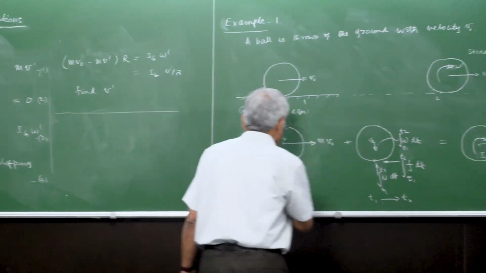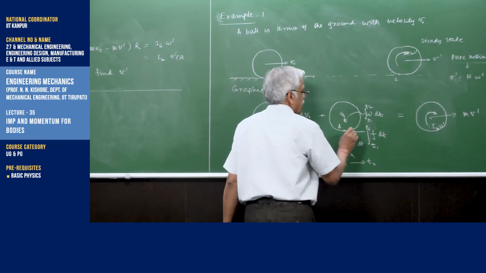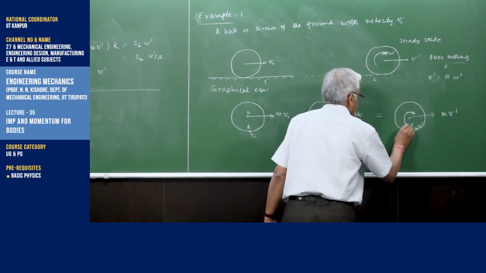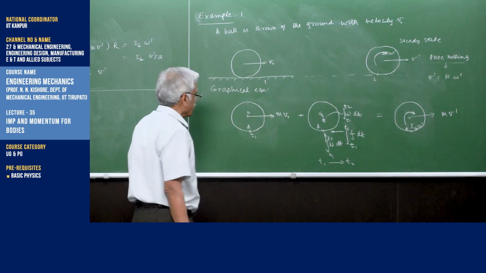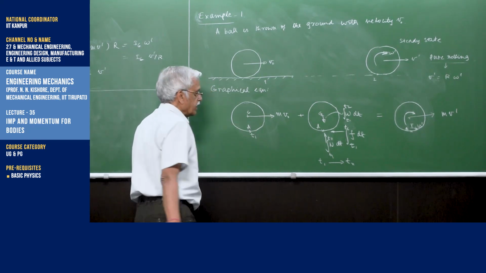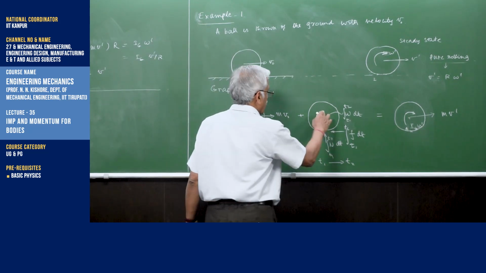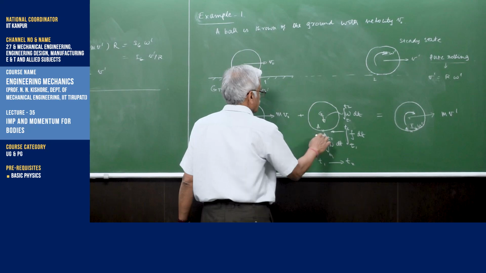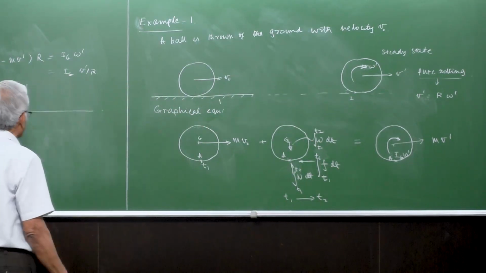So if you take this bottom point here, and instead of taking the moments about G, now you can take the moments about A. So what is the advantage of taking the moments about A? Then all these forces are passing through A, and so they will not contribute anything to the moment.